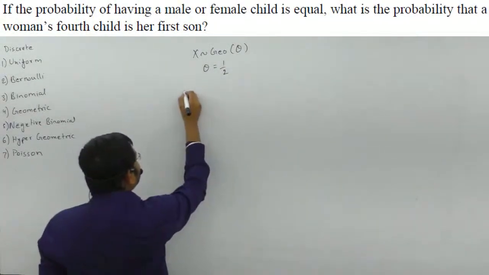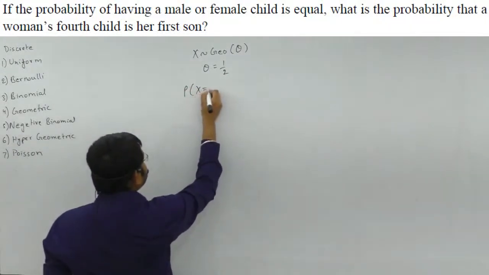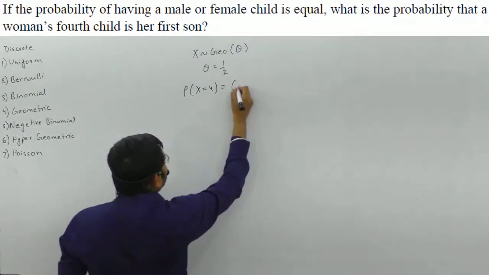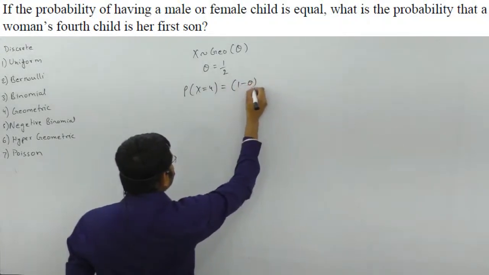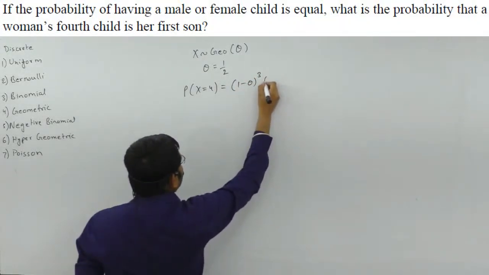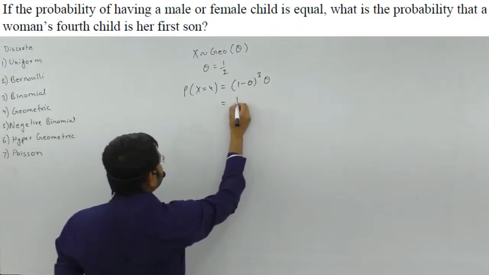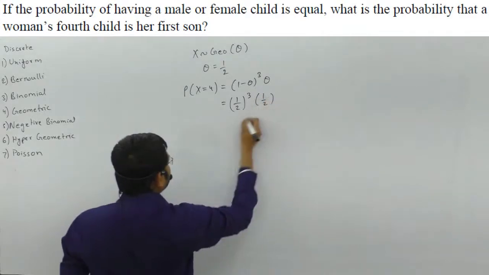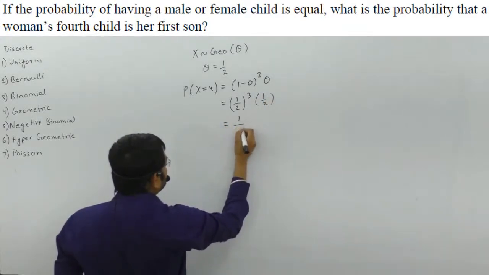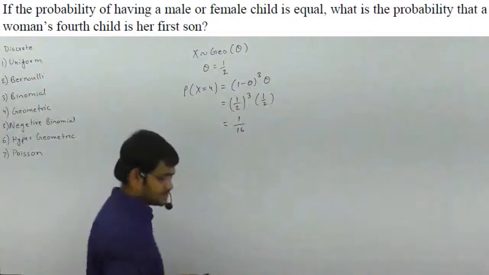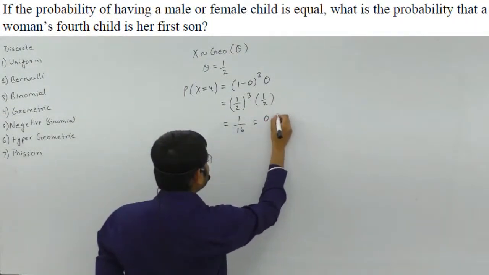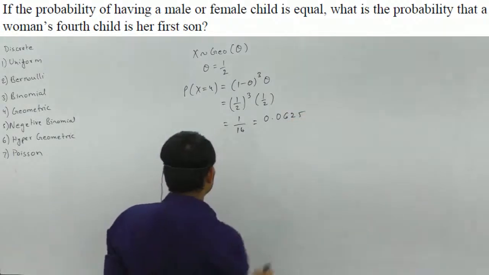So we need to find the probability X equals 4. That is nothing but (1 − θ)^3 into θ, which is half cubed into half, or 1 by 16. 1 by 16 is nothing but 0.0625.